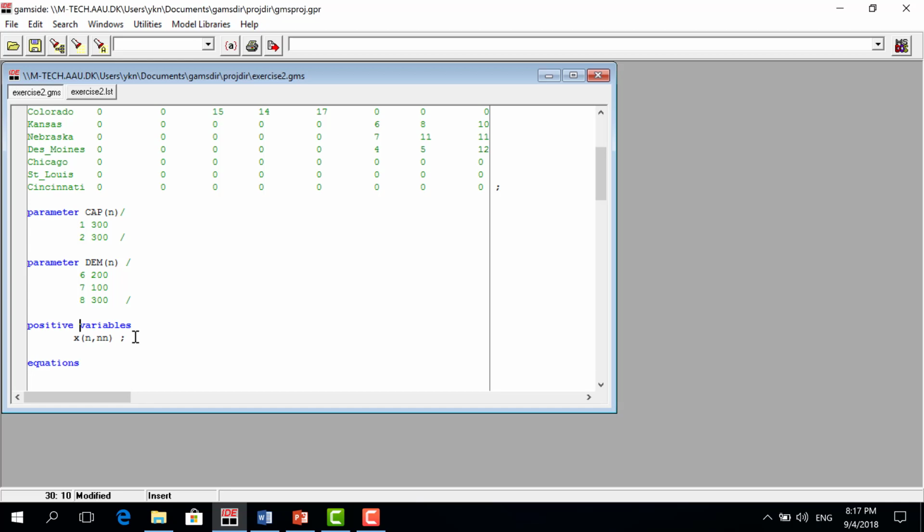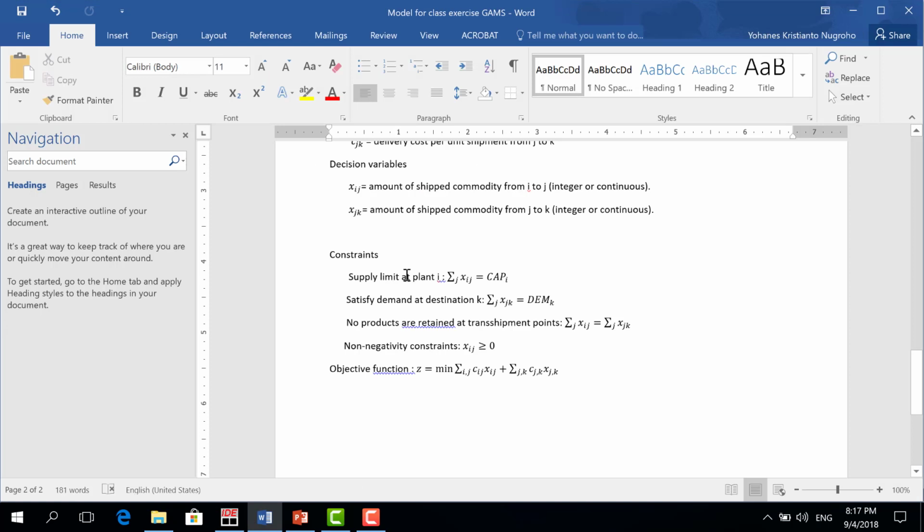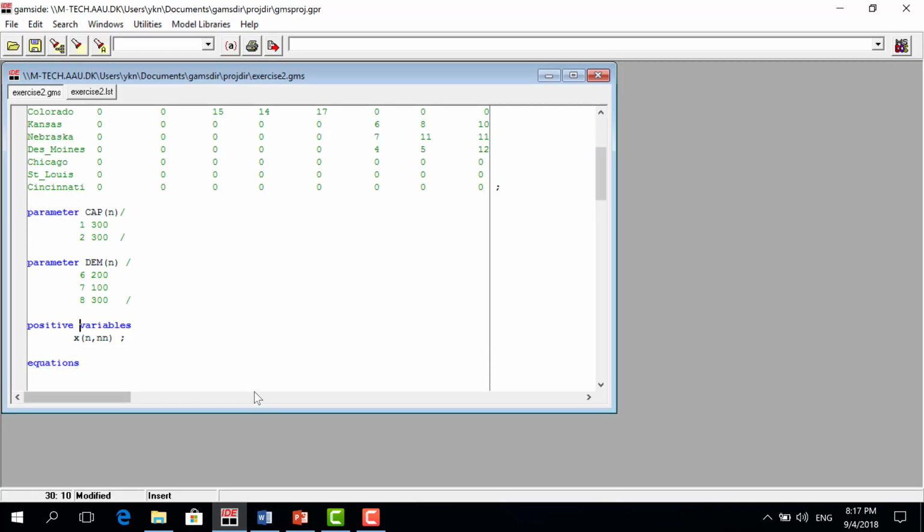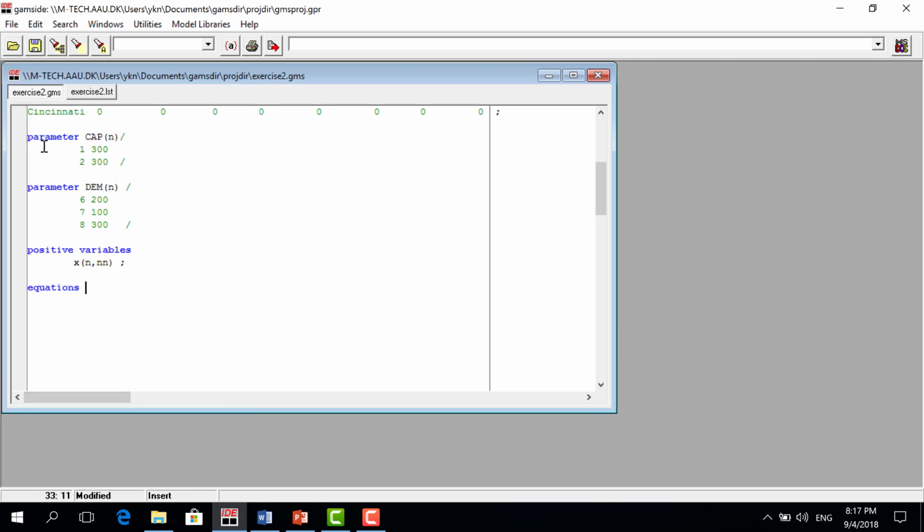This means that the variable is always positive, and therefore we have only 1, 2, 3, and 4, so 4 equations. Equation 1, equation 2, equation 3, and equation 4. Do not forget to end the equation definition with a semicolon.